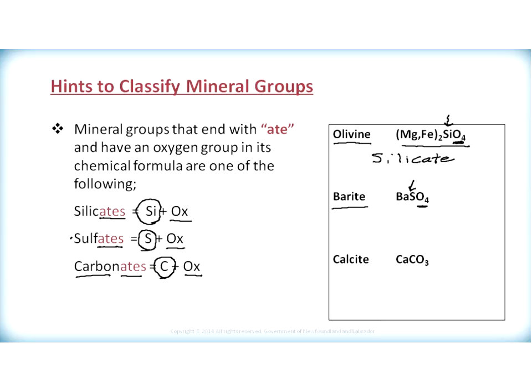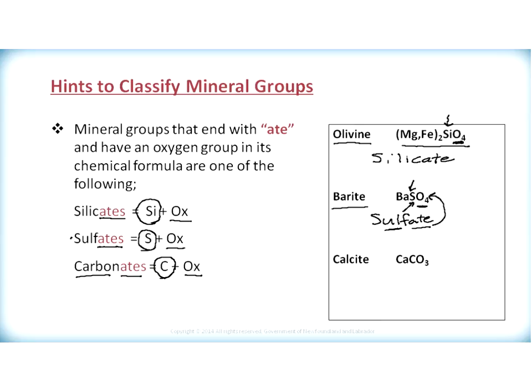Therefore, with sulfur in front of the oxygen group, barite belongs to the mineral group sulfate. And from the name, ATE suggests it has an oxygen group, and then sulfur would be the element directly in front of the oxygen group.